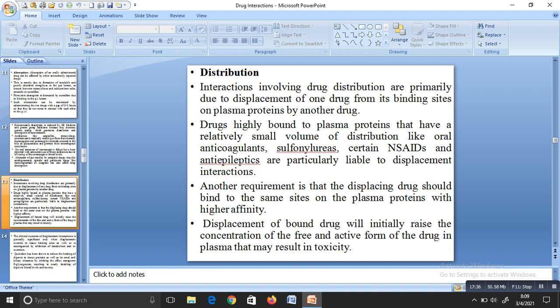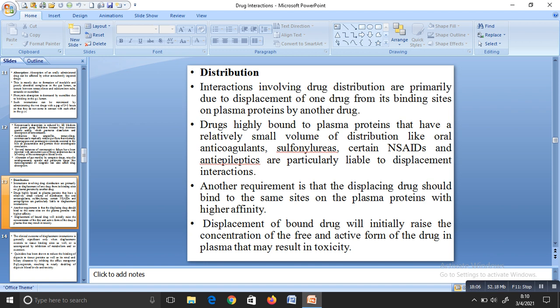Sulfonylureas are anti-diabetics, NSAIDs are non-steroidal anti-inflammatory drugs, and these drugs have a small volume of distribution. In a drug displacement interaction, one drug is already bound to the plasma protein, and if another drug comes and binds to the same site, it will displace the drug and produce the drug interaction.